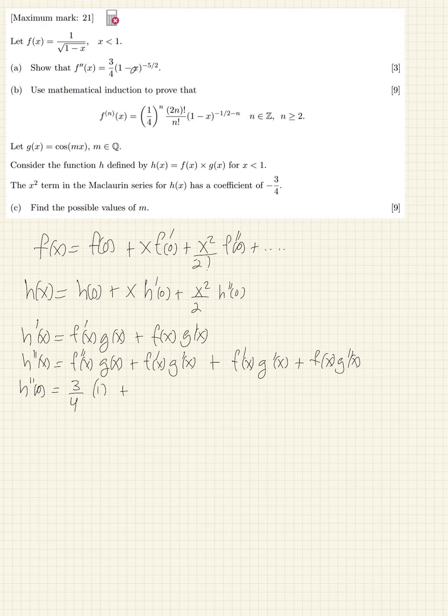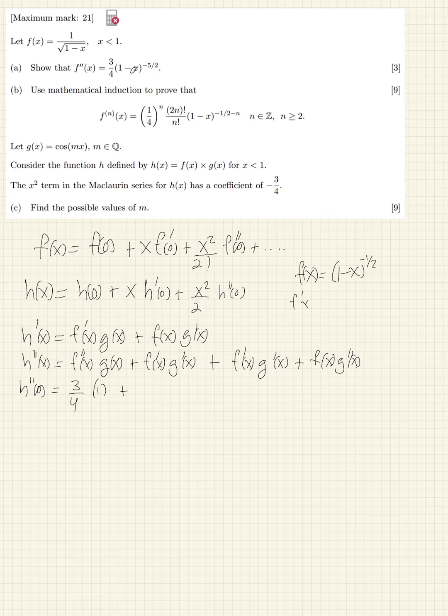Well, I guess I should probably find this. So let's put this over here. f prime x is equal to, okay, I'm actually going to figure this out. f of x is equal to 1 minus x to the minus 1/2.